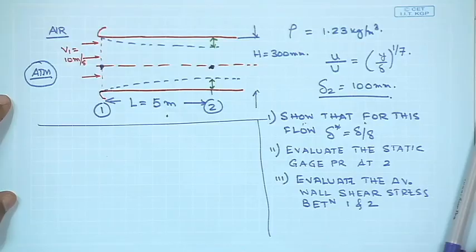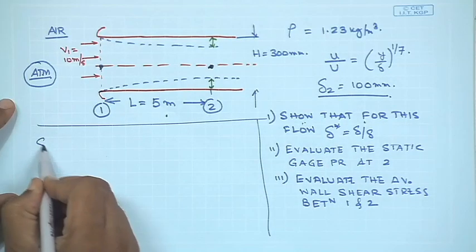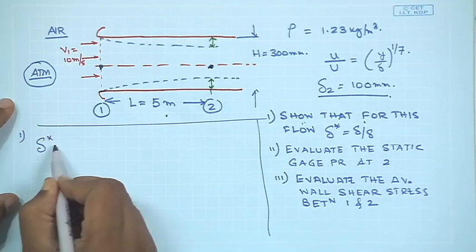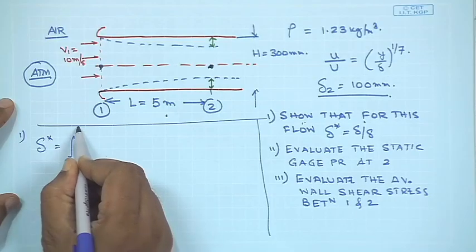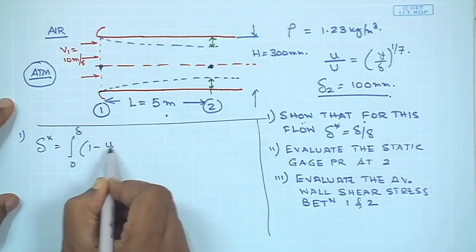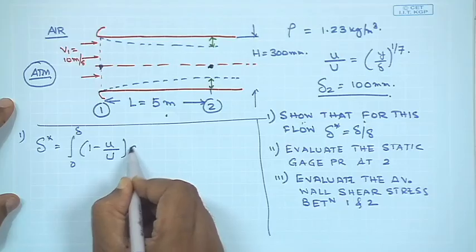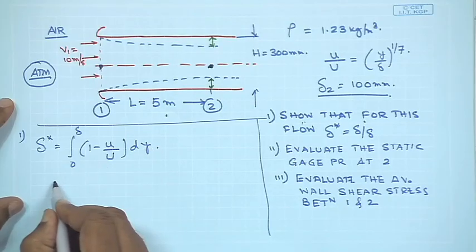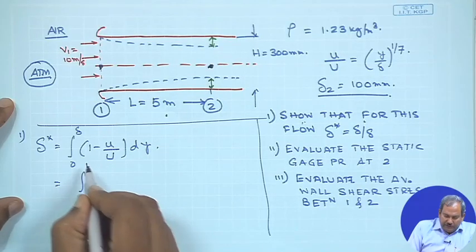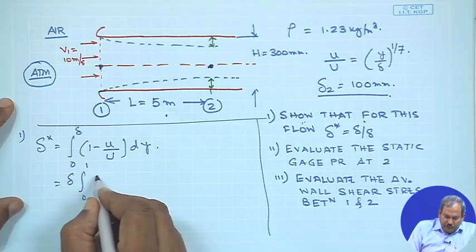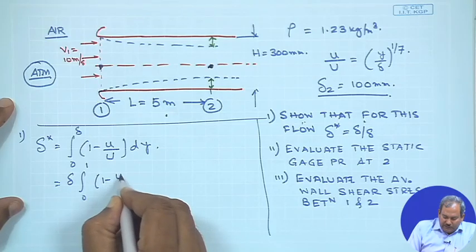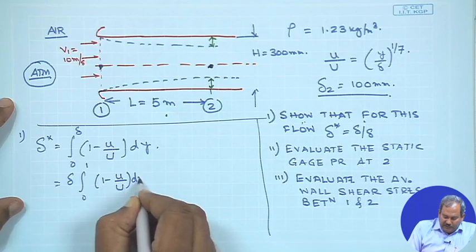But let us first try to see how the first part can be done. The definition of delta star is simply the integral from 0 to delta of (1 minus u by capital U) dy, or if you express it in dimensionless form, it's simply going to be the integral of (1 minus u by U) d eta.